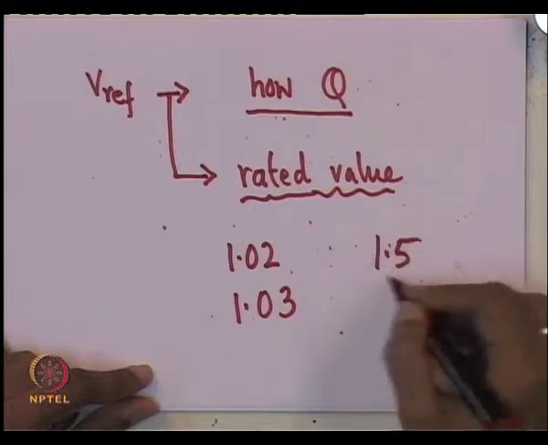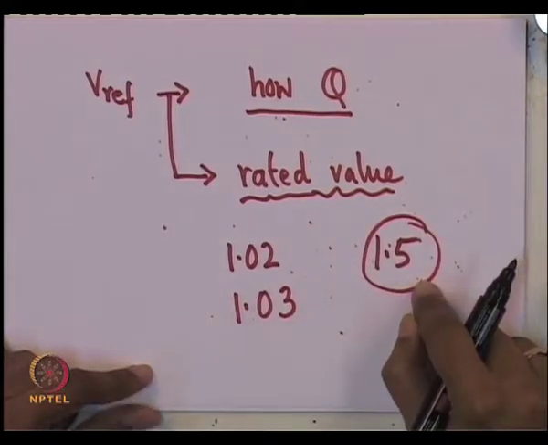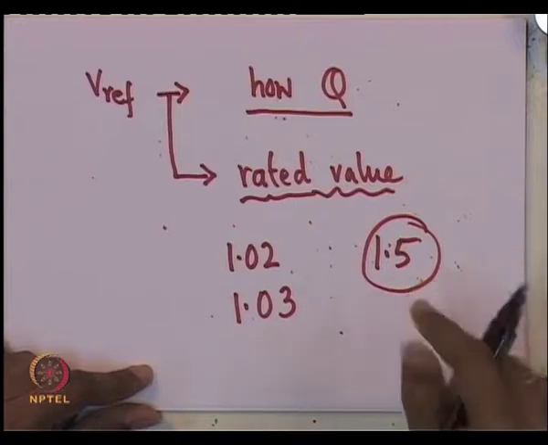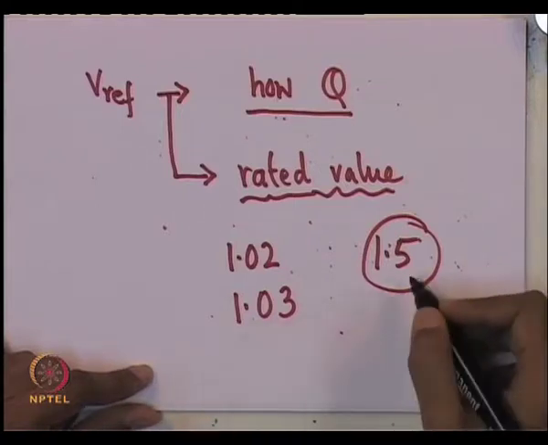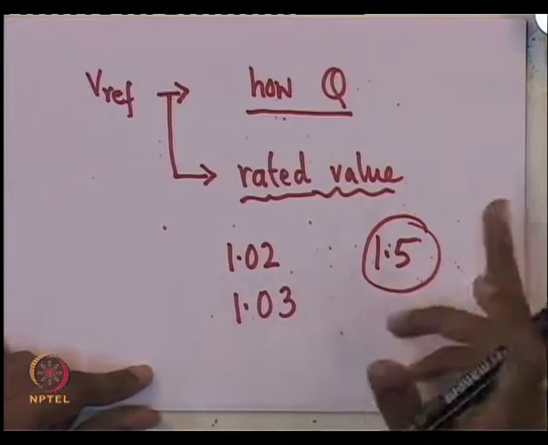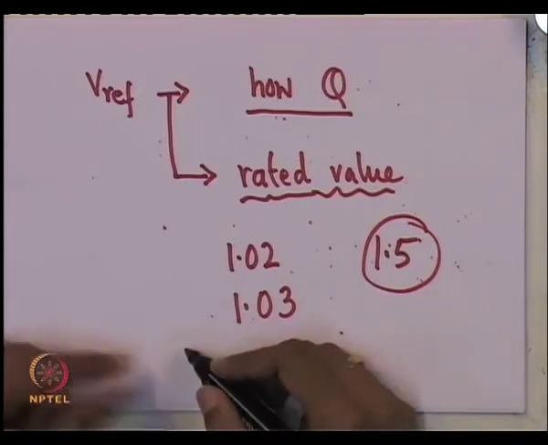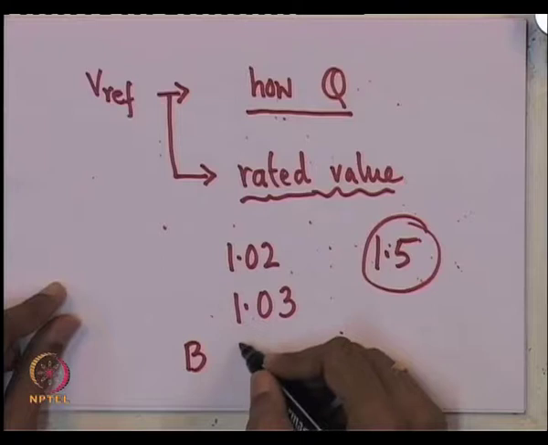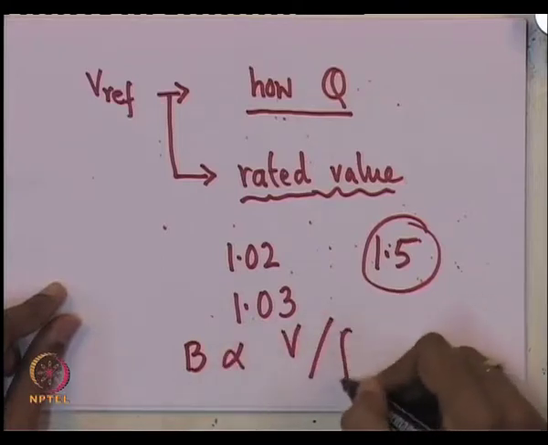That would be much larger than the rated value, and that would tax the insulation of the synchronous machine windings. Moreover, the fluxes in the machine would become greater, and the flux densities in the machine would exceed the saturation value. Remember the flux densities in the core depend on the voltage of the machine divided by the frequency of the machine.